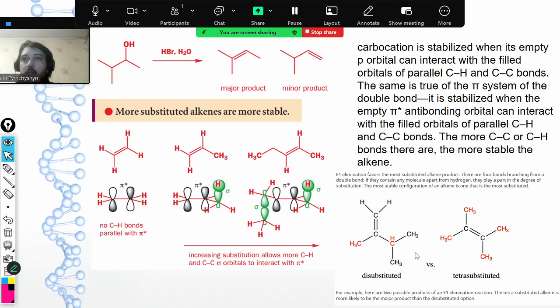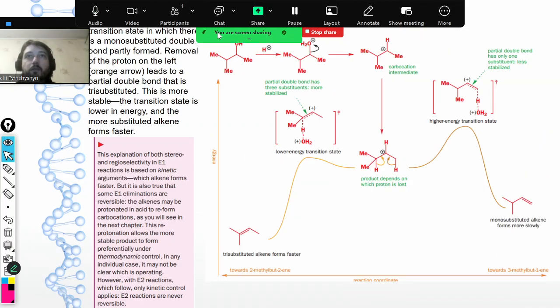Here you see a disubstituted and a tetrasubstituted alkene. These are two possible products of the E1 elimination reaction, and the tetrasubstituted alkene is more likely to be the major product than the disubstituted option. So that's basically what we get.